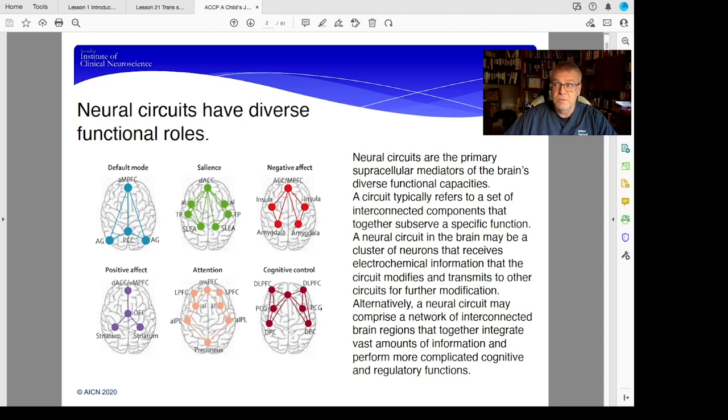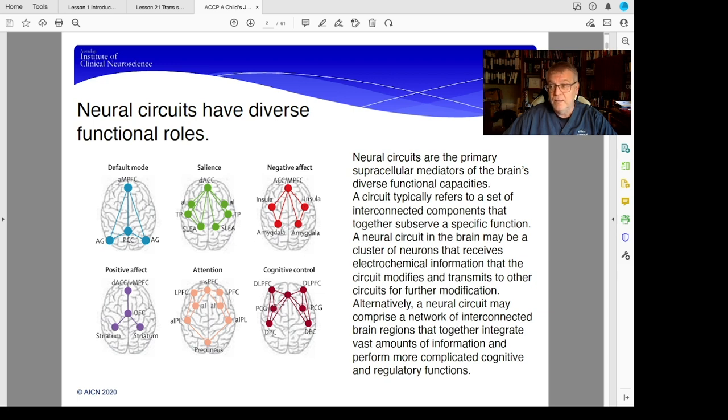So, for instance, the salience network uses a part of the anterior cingulate cortex, as well as the negative effect and the positive effect networks. And you can see that the negative effect network involves areas of the anterior cingulate cortex, medial prefrontal cortex, insula, and amygdala.